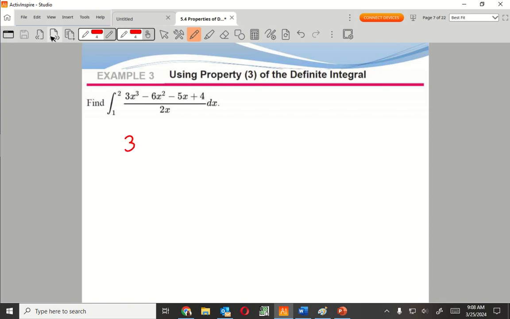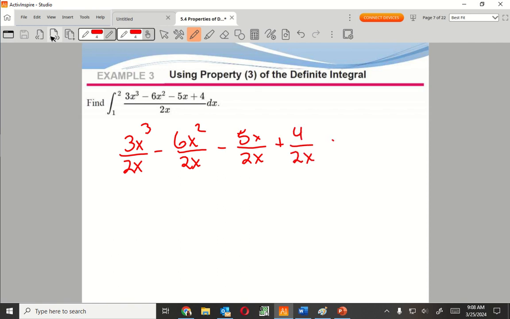So it's going to be 3x cubed over 2x minus 6x squared over 2x minus 5x over 2x plus 4 over 2x, and then bring down my dx, and it's my integral from 1 to 2. So by rewriting it and separating it as individual fractions, we can make our life a whole lot easier here.